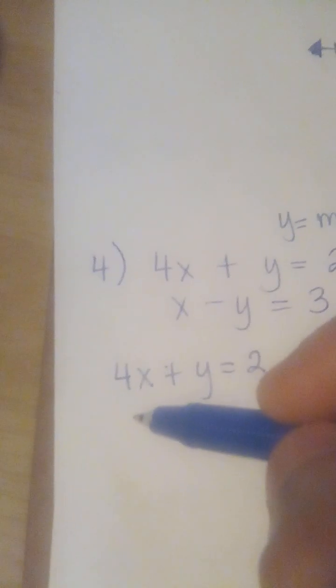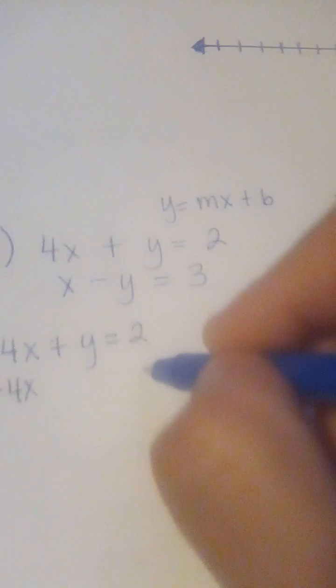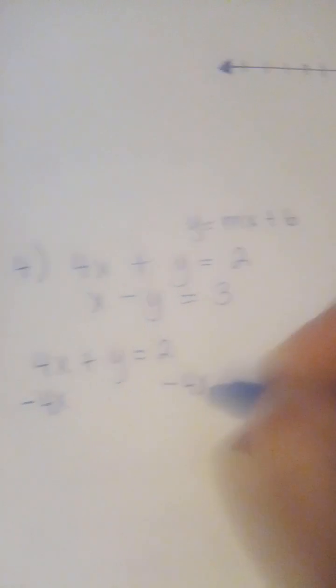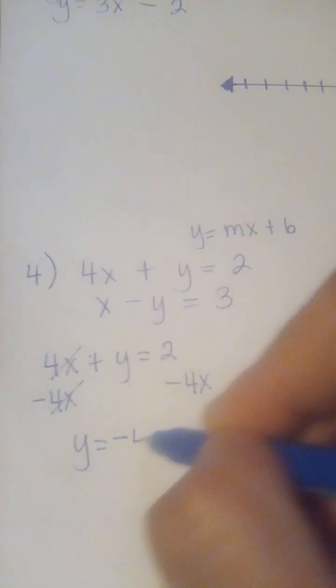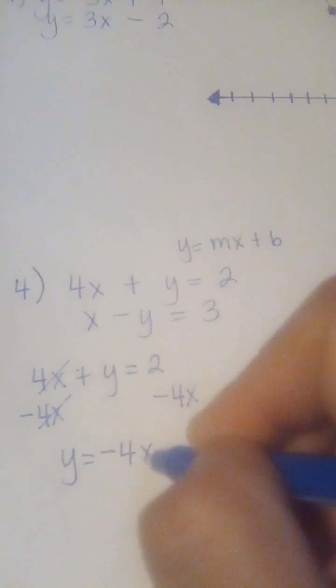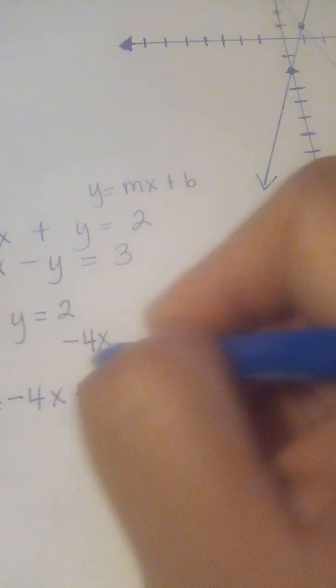Instead of positive 4x, we'll be subtracting 4x from both sides. That cancels the 4x's together, and then we bring down the y. And you get y equals negative 4x plus 2 for the first equation. That's one equation.